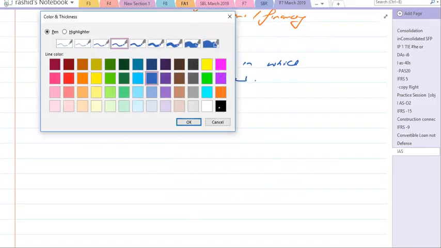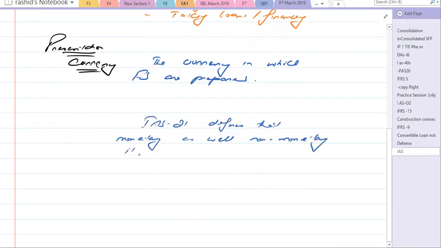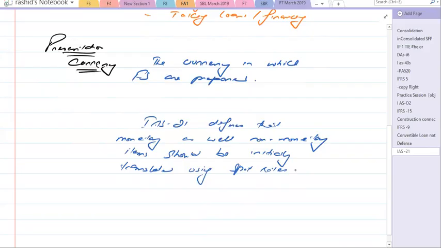Okay, then you have the initial measurement. IAS 21 defines that monetary as well as non-monetary items should be initially translated using spot rates, or average rate if not materially different.